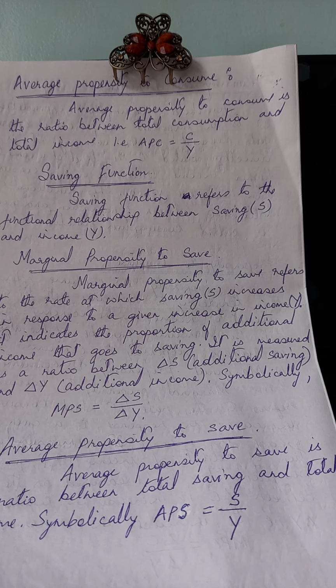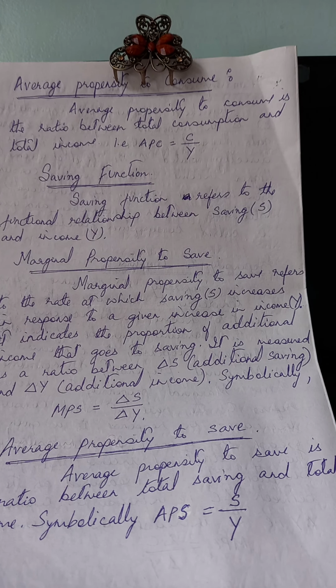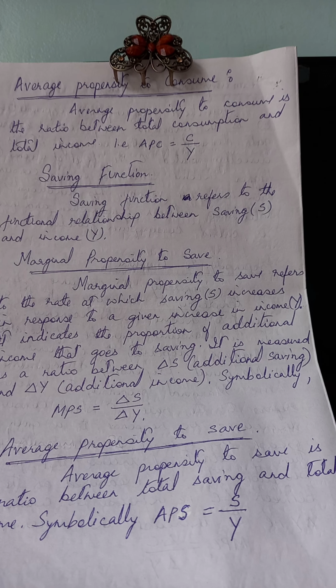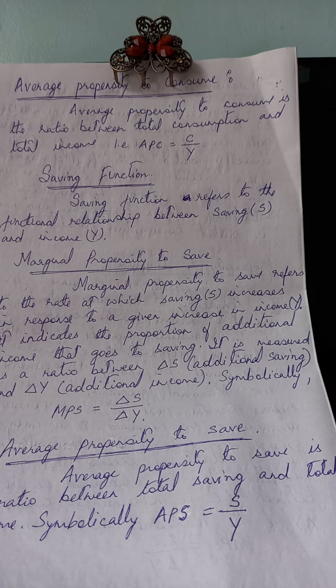Furthermore, talking about the marginal propensity to consume, which refers to an increase in the level of expenditure due to an increase in the level of income, here we have another one referred to as the average propensity to consume. This average propensity to consume is simply a ratio between total consumption and total income.